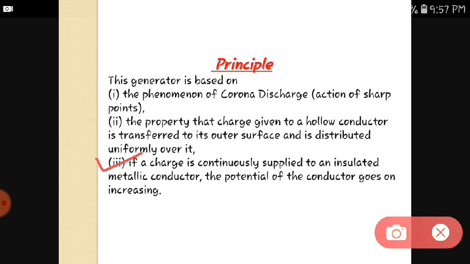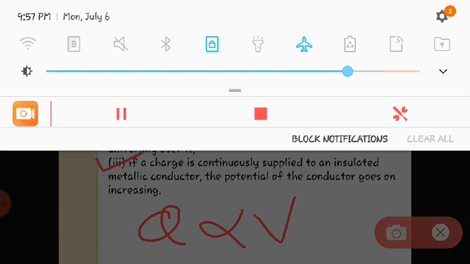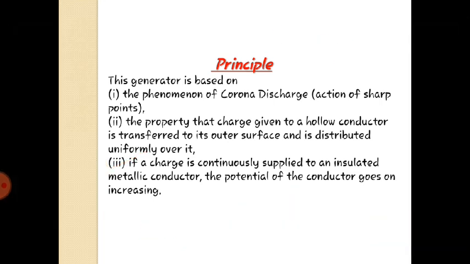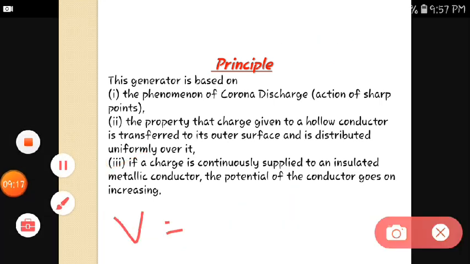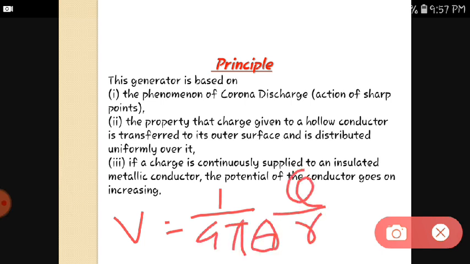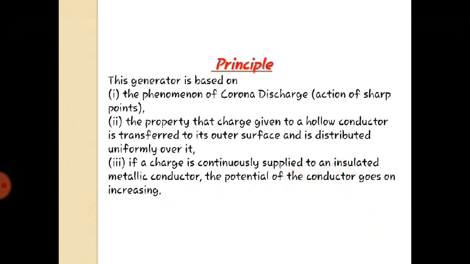Obviously it will go on increasing, as Q is directly proportional to V. As you know, V is nothing but 1 divided by 4 pi epsilon 0 times Q divided by R. So V is directly proportional to Q. As Q continuously increases, V will also go on increasing. That is the basic principle of the Van de Graaff generator.